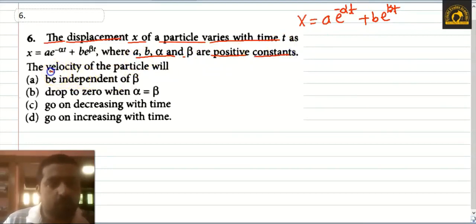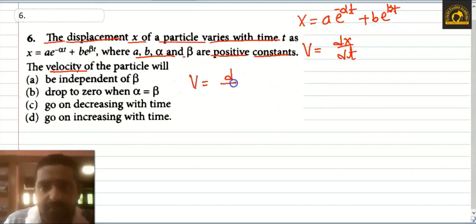Then the velocity of the particle is given by velocity equal to dx by dt. So the velocity is d by dt of a e to the power of minus alpha t plus b into e to the power of beta t.